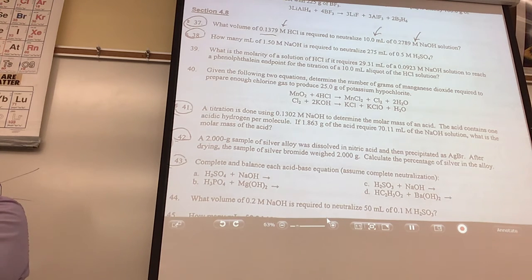So this equation is very similar to that, but this is an actual chemical reaction, isn't it?